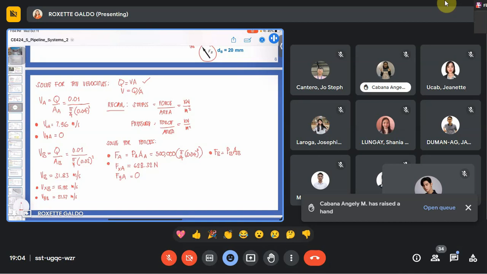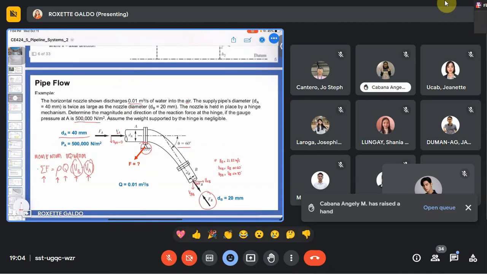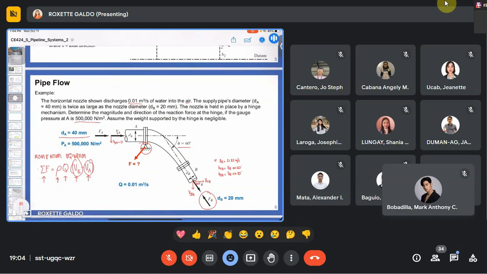Force B is equal to the pressure at B times the area at B. Now we know that the area at B is known because we are given the value for the diameter of pipe B. Now the pressure at B, let us examine the problem. Is it known or not at B? Anyone? Is it known?